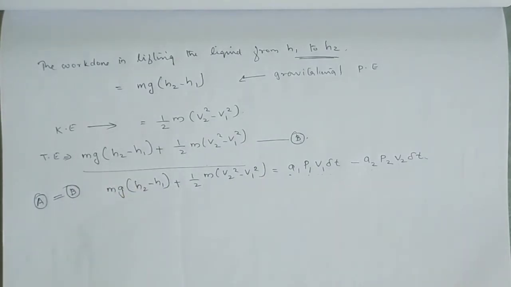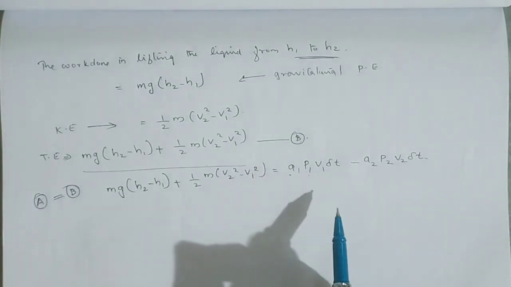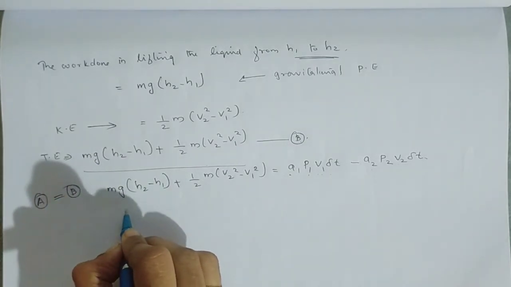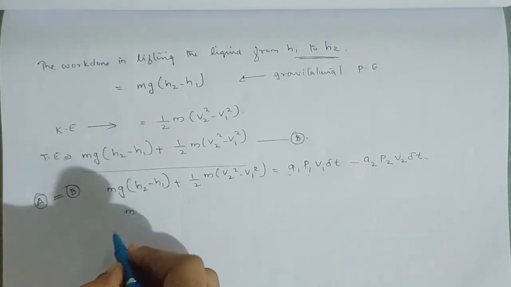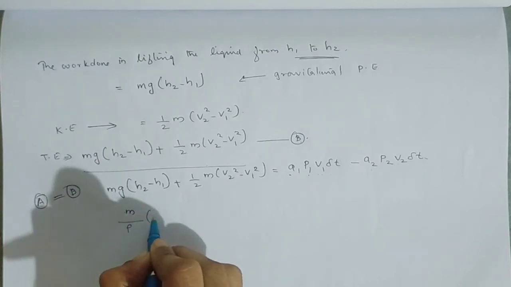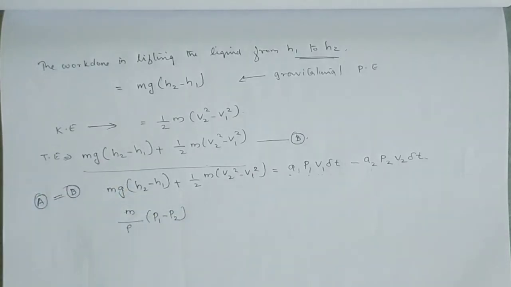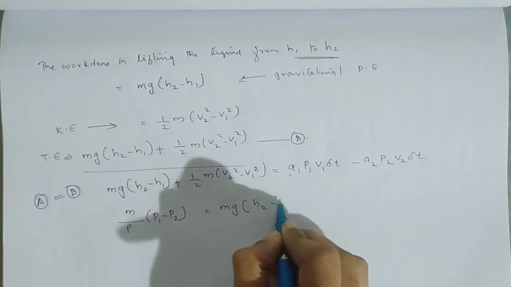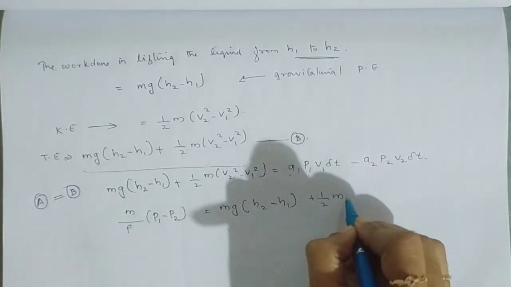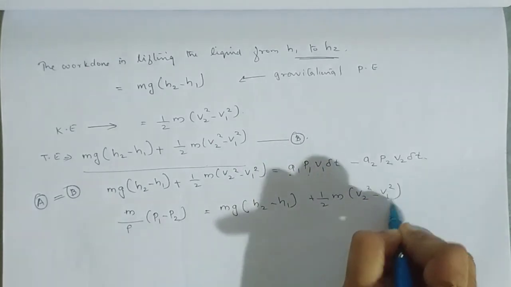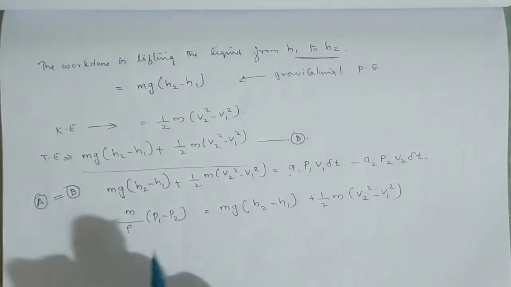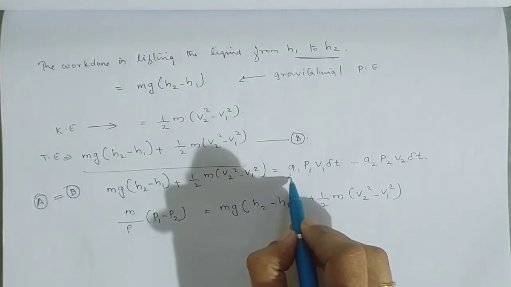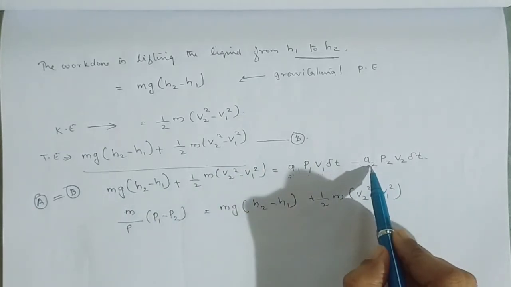Therefore, this equation can be written as, from the equation of continuity a1 v1, that is equal to a2 v2.